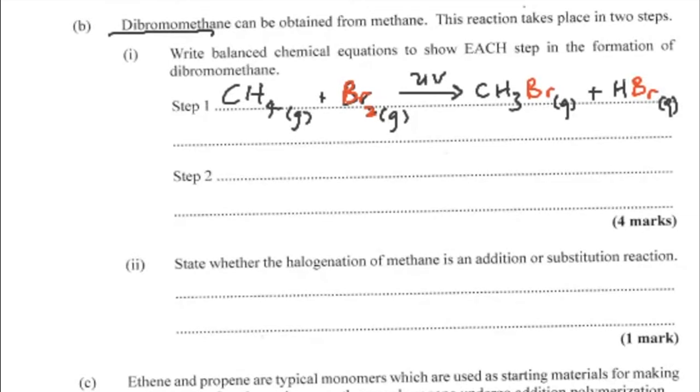So in the presence of more bromine, we can take the product that we got here, bromomethane, or monobromomethane to be a little redundant. This would now be the starting material in step 2. So that's CH3Br, which is a gas.